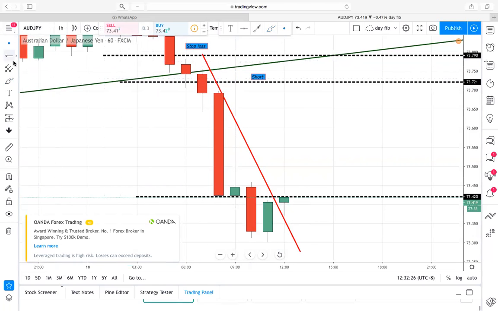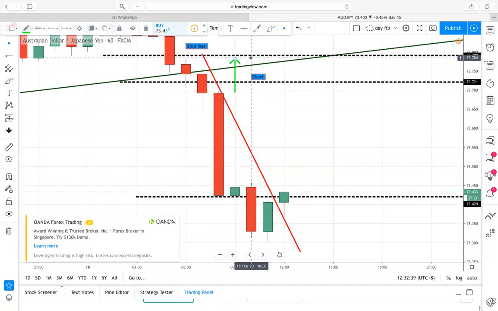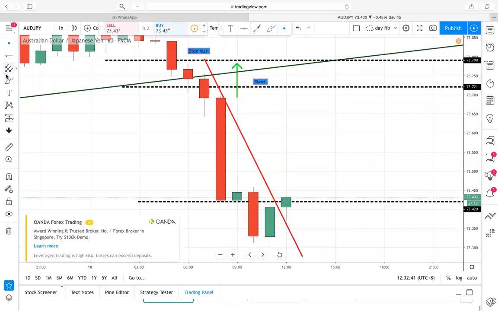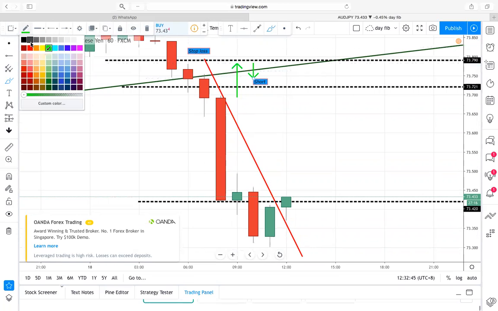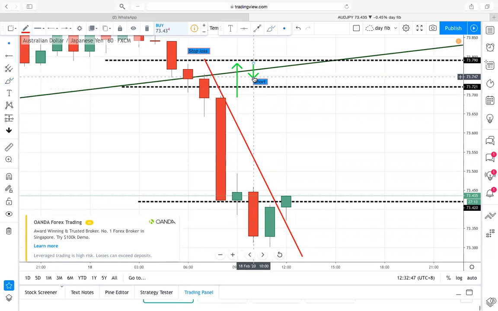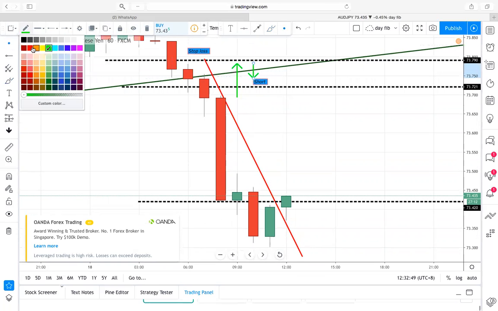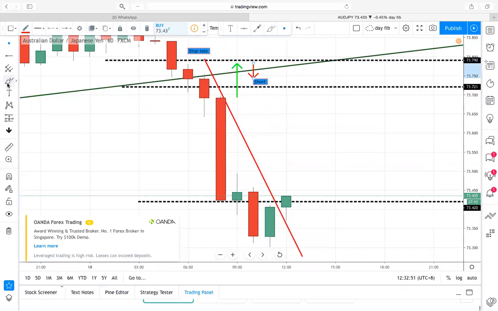Oops, this is not good, so it might confuse you guys. Let me just draw this again. So it moved up and then it moved down, just like that. It's a big one. And then it moved up again a little bit.